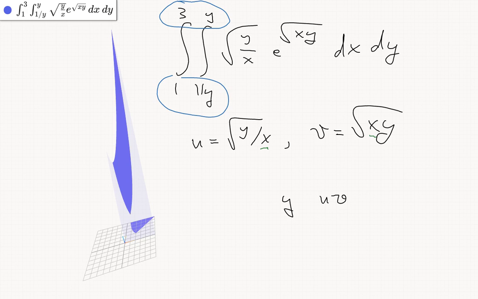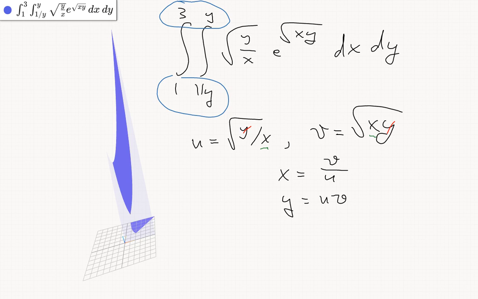So y is equal to uv, and then for x, we do a similar thing. If we divide v by u, then the y's will go away, and we'll get square root of x squared. So now we have x and y in terms of u and v.